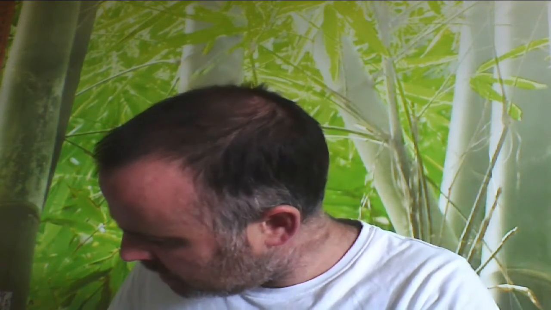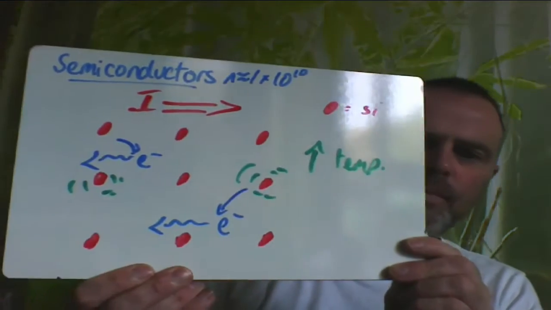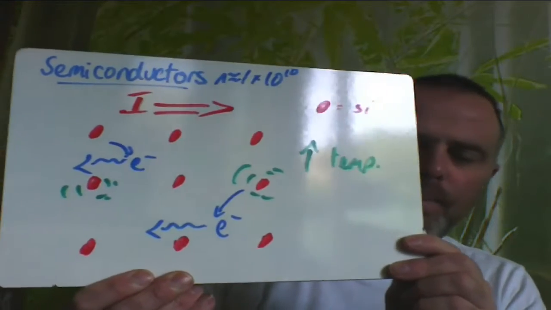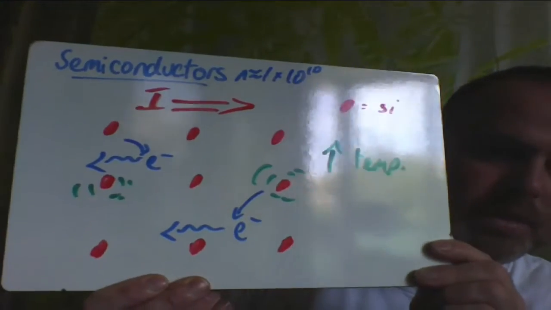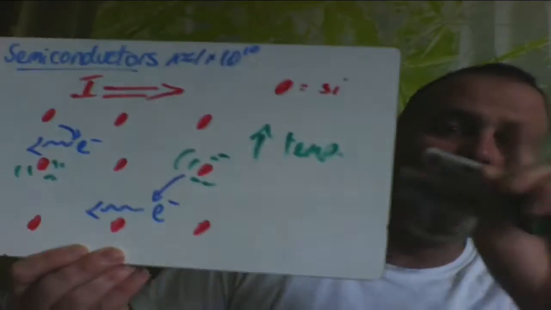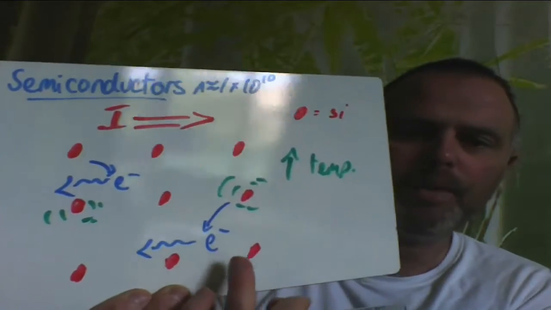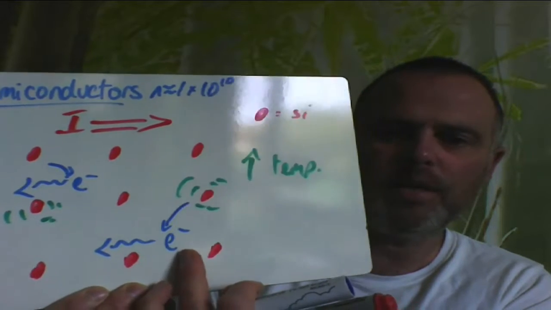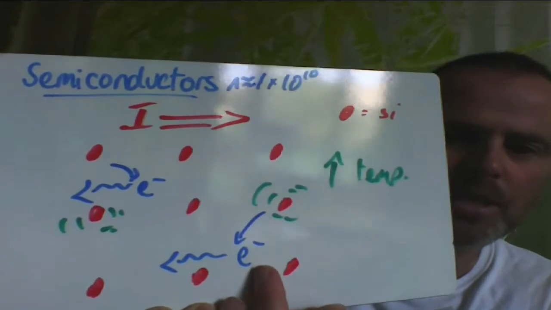Now, what that means is, if current is flowing to my right, that means my free charge carriers are going to move to the left. Okay? Yeah? And there being more free charge carriers means that the resistance has decreased.